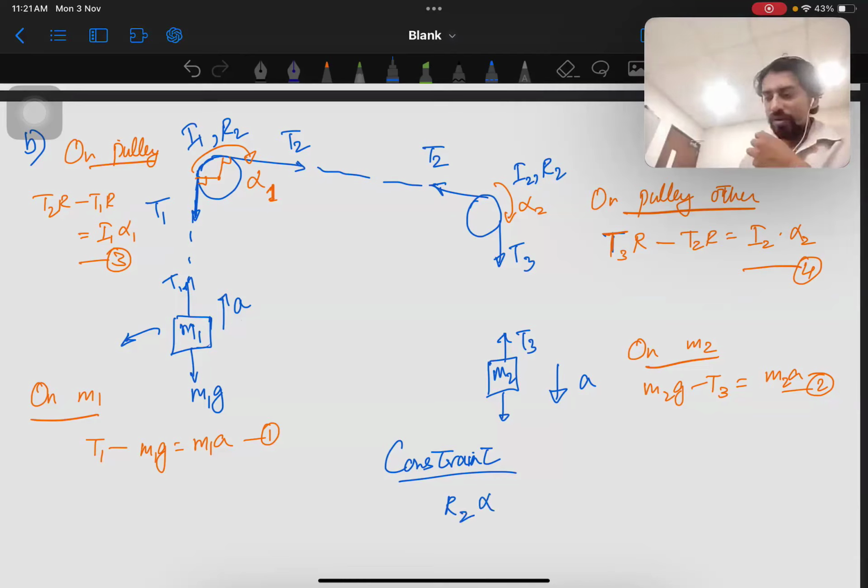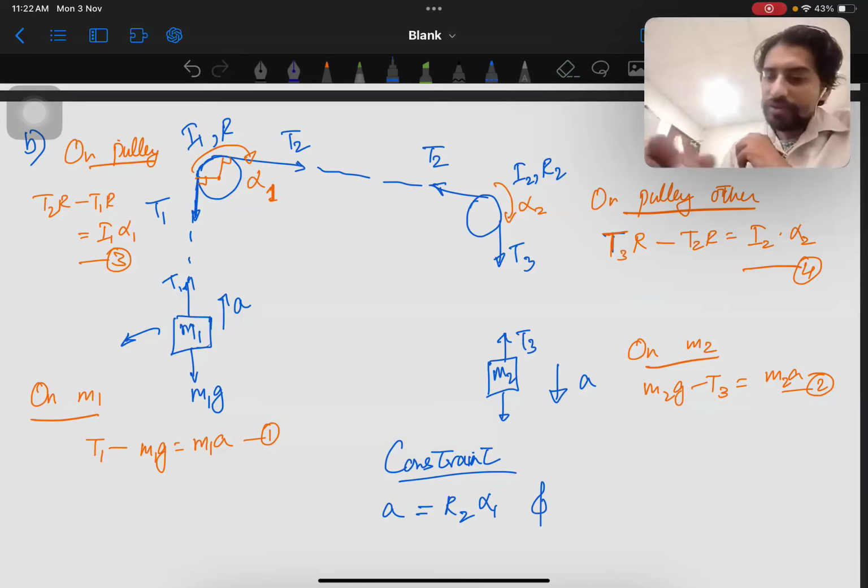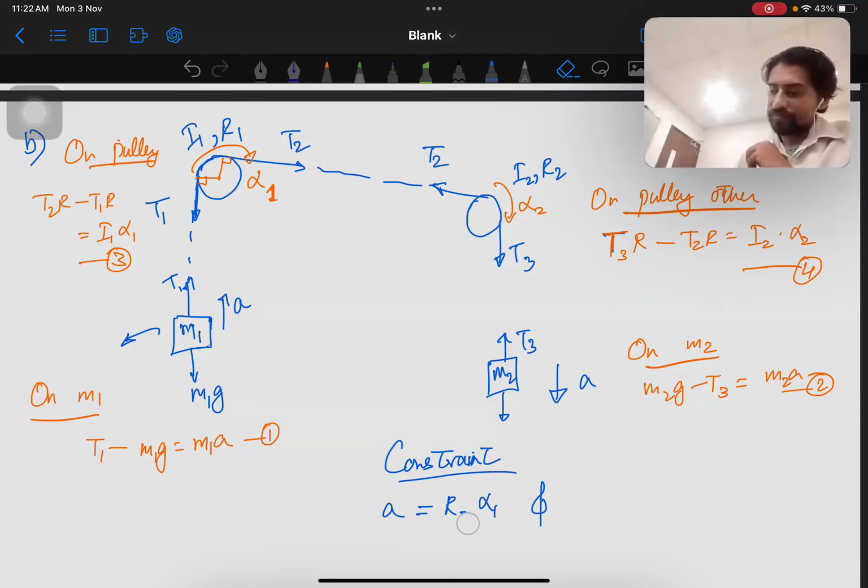So R2 alpha 1 is AT, which must be equal to A. And on the right pulley, oh, I'm sorry, extremely sorry, guys. Actually, R1 radius. Okay. And on the right pulley, what is the other constraint? Again, tangential acceleration is R2 alpha 2. It must match with A.